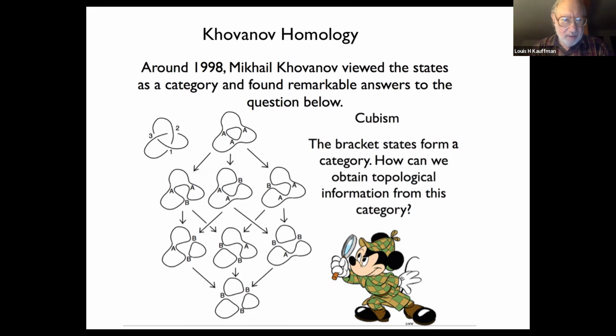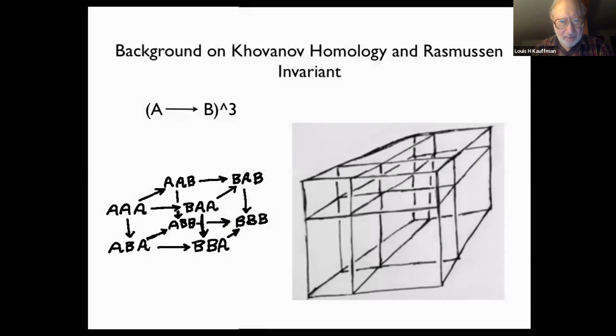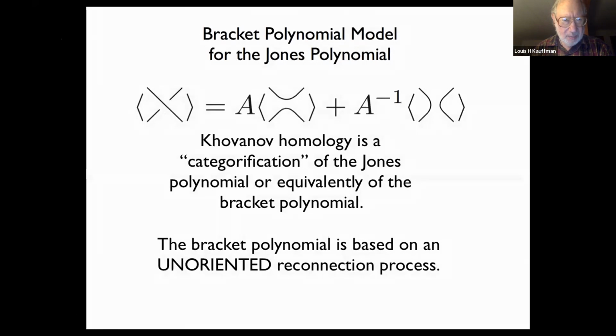So Khovanov had a very beautiful idea related to the states of the bracket expansion for the Jones polynomial. His idea is that there's an ordering on the states. If you think of states being, well, let's go over to the bracket for a moment. In the bracket expansion, there's two ways to smooth the crossing.